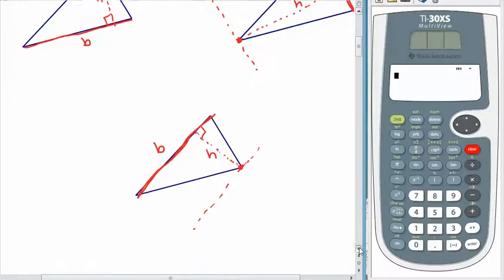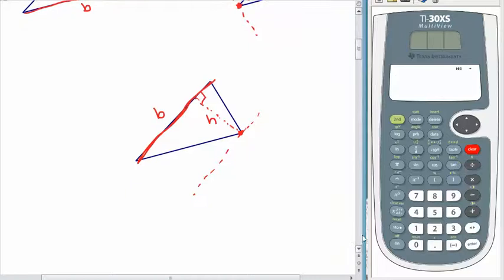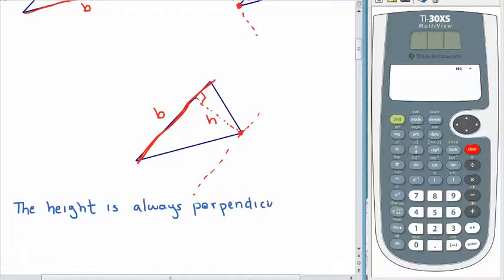What's the lesson we want to take away from this before we flip the page? One big deal is that the height is always perpendicular to the base.